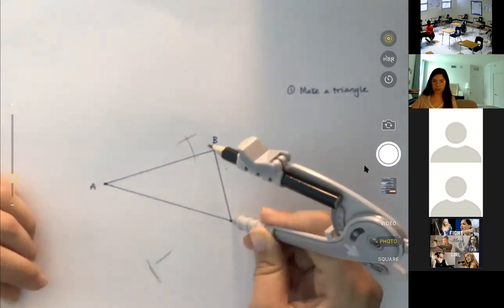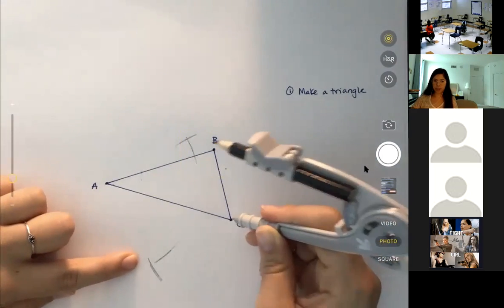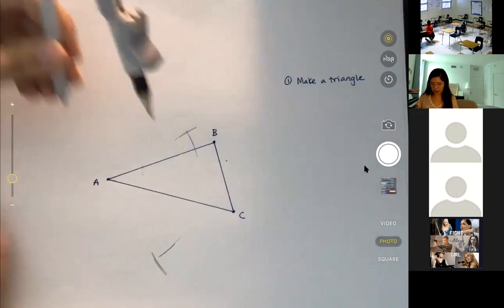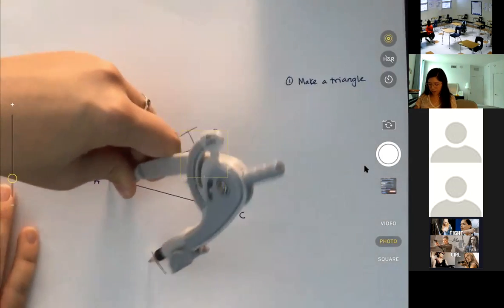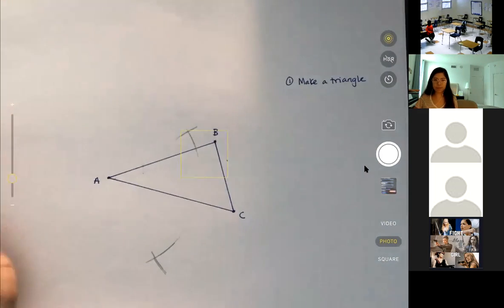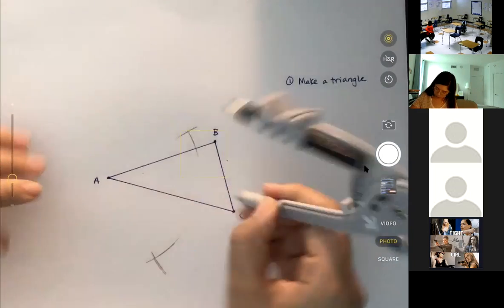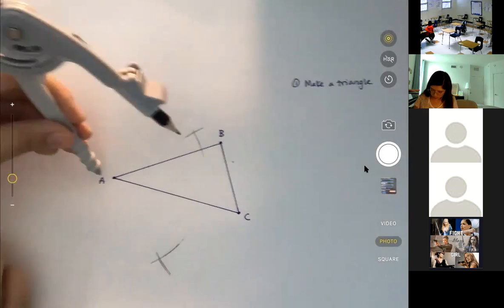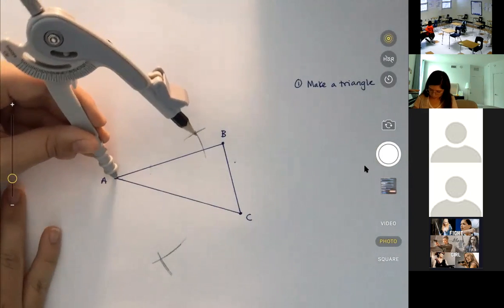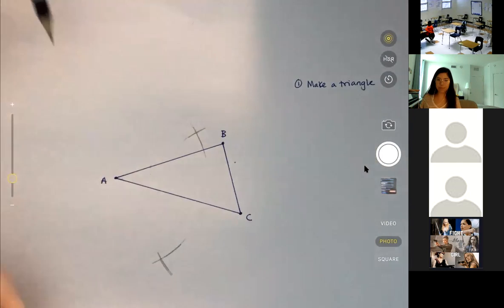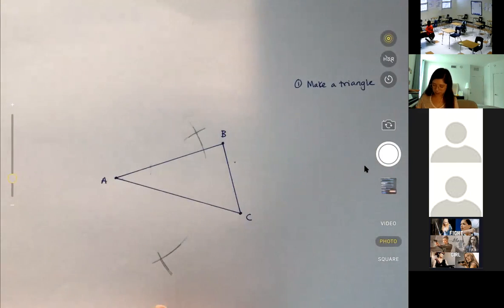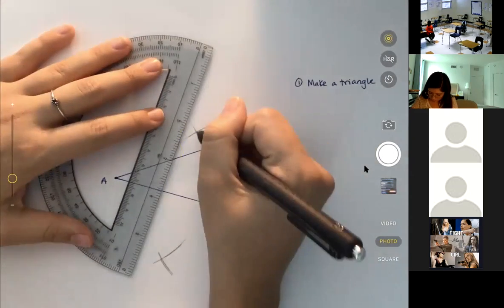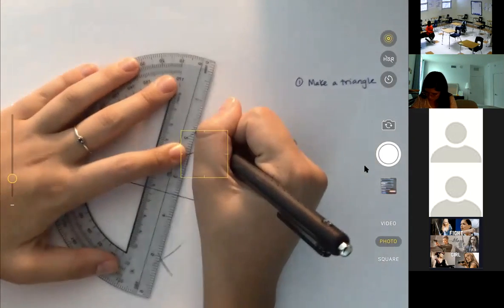This might happen to you, that they don't connect. That's just because I didn't go long enough when I was at A. So I'm gonna go back to A and make this a little bit longer until I see where they connect. Same thing up here, I made it a little too short. Now I can see the intersection points much more easily. So I go and I connect.